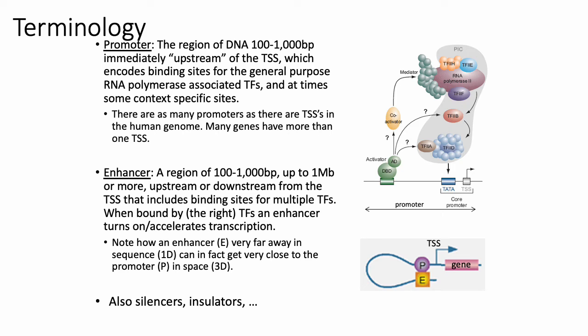The size of these elements is still relatively small, but the main difference with promoters is that enhancers can sit far away from the gene or transcription start site that they interact with. People have found enhancers that act over a megabase away on the genome, which is really far. More importantly, enhancers can be found upstream or downstream of the transcription start site, and oftentimes they're direction invariant.